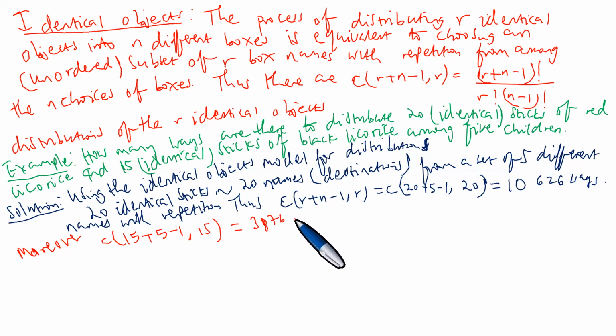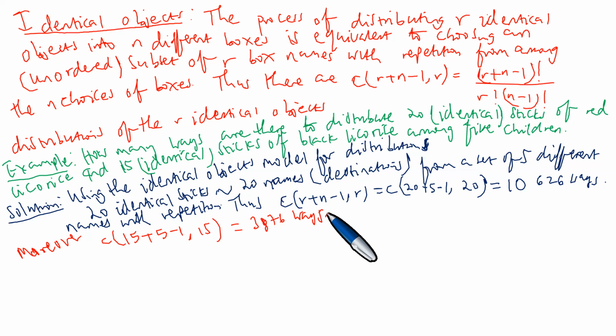We're looking at logical reasoning here, and that's the point of doing these examples. We're trying to make sense of the principles in a way that applies to all the problems uniformly. So the distributions of the red and black licorice are disjoint. The multiplication principle applies.